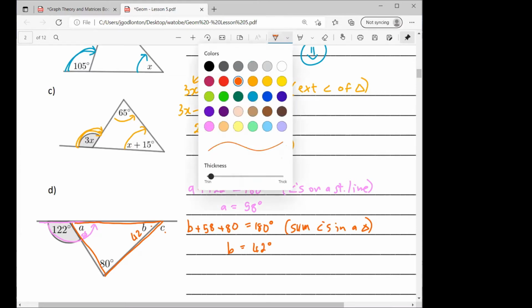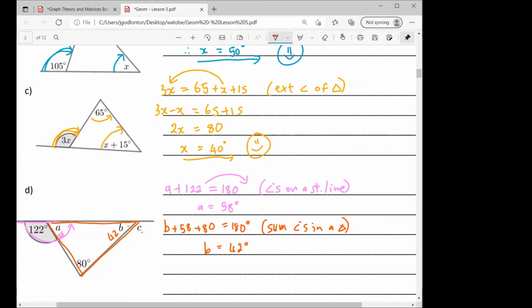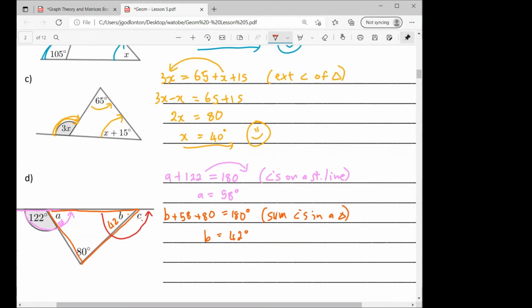And then for C, you can do whichever one you prefer. If you feel uncomfortable with exterior angles, you could also just say angles on a straight line. Or you could say C is equal to 58 plus 80, the two interior angles, exterior angle of a triangle. And so C is 138 degrees.